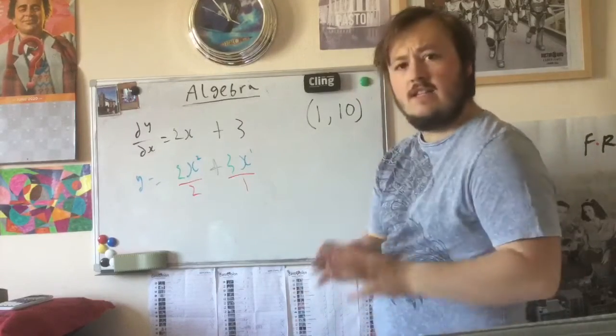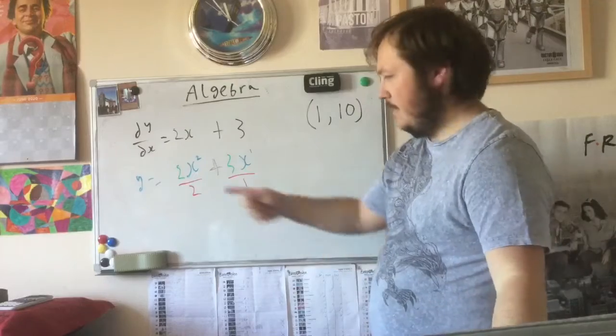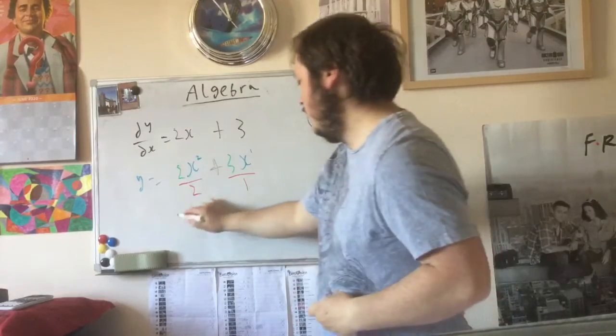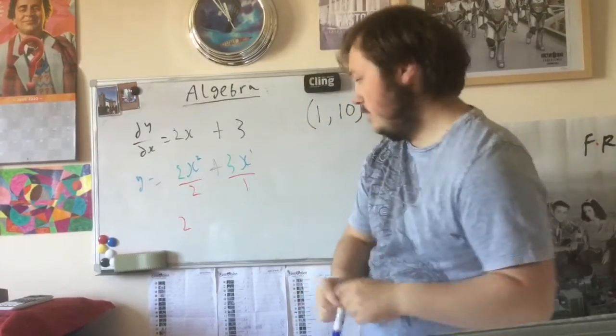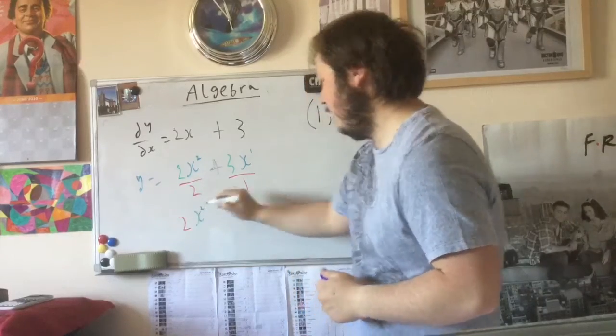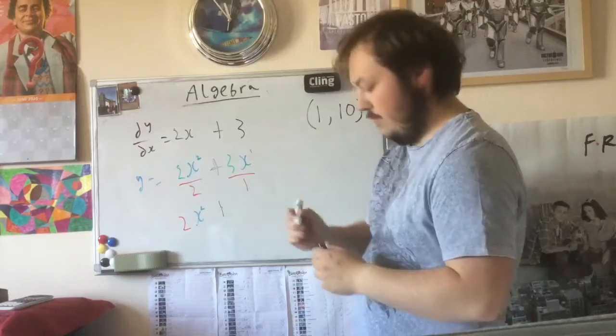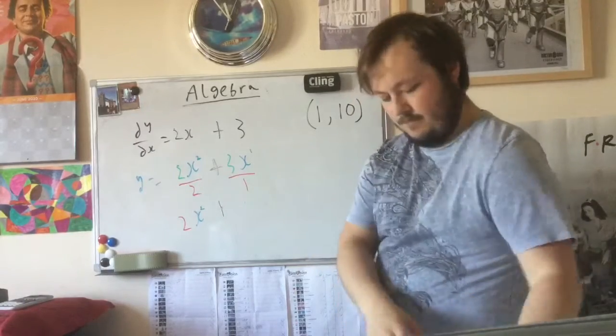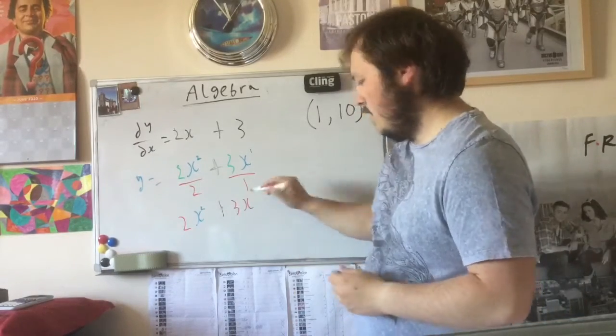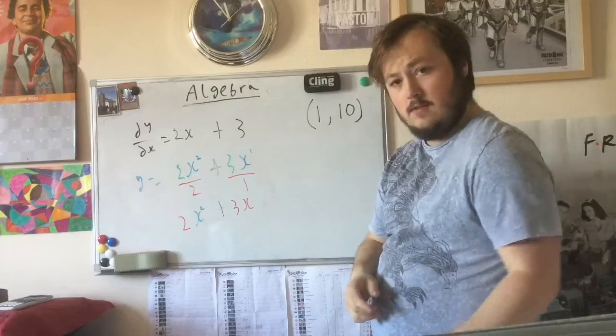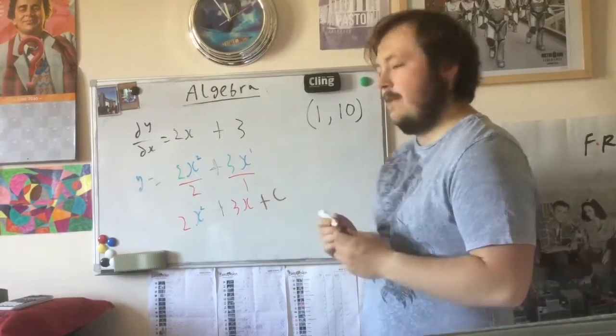Now when we tidy this equation up, it becomes 2x squared, plus 3x, but we also need to add our plus c.